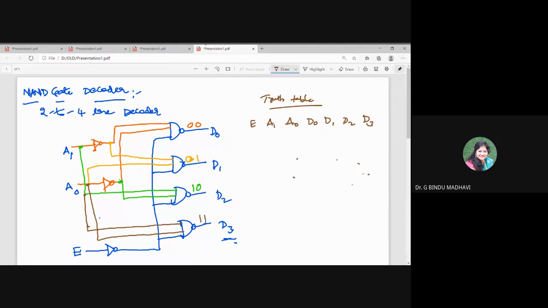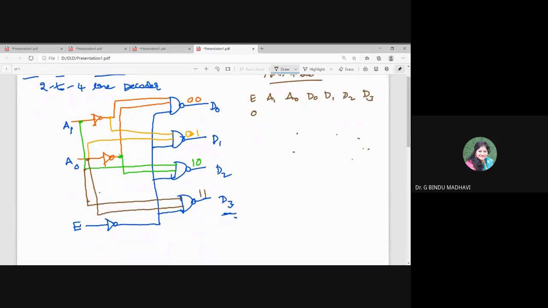Now tell me, if E equal to 0, what happens? E is inverted to 1, which means power will be supplied and the circuit will be on. So E equal to 0 means it is in working mode, and it will take the inputs A1, A0. If A1, A0 are both zeros, which output will be produced? D0.